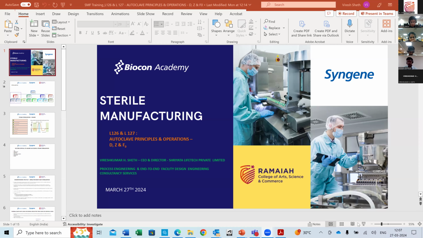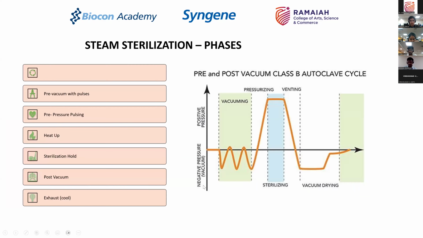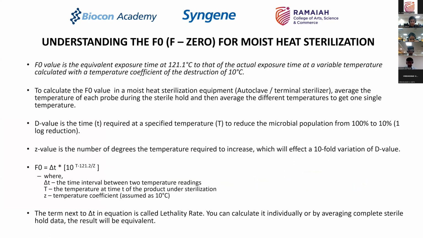So for the initial question, we used the method of log N0 minus log Nt. Why didn't we use the F0 formulas? Sir? Because you didn't know the Z value there, and you were not trying to get two different temperatures.